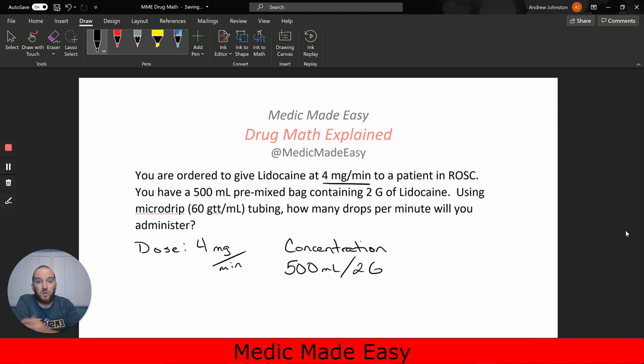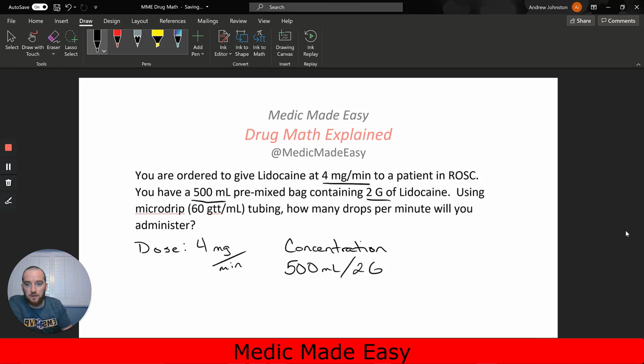And we can verbalize it either way. We can say 500 milliliters of fluid contains 2 grams of lidocaine, or 2 grams of lidocaine is contained within that 500 milliliters of normal saline. So we can talk about it either way, and we have this 500 milliliters and 2 grams.